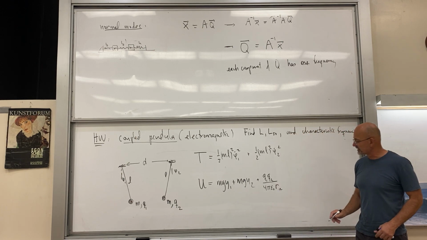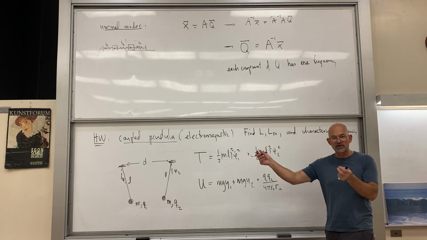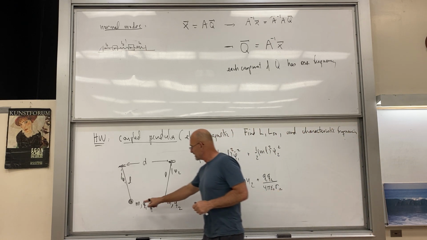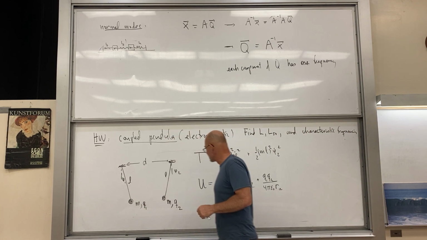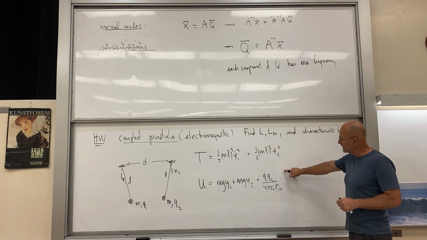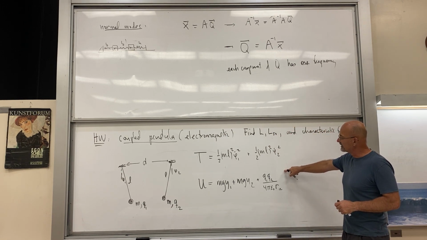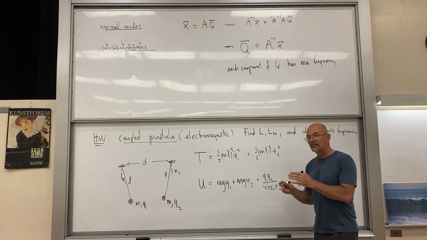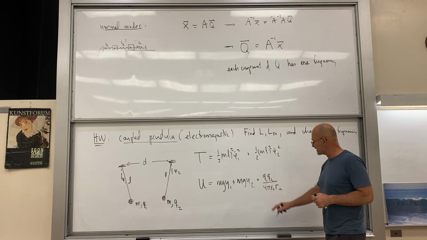That would be the electrostatic potential between two charged spheres. And R1,2 would be the separation distance center on center. So turning this into an expression in terms of phi1 and phi2, and then expanding it to quadratic order is an interesting problem.